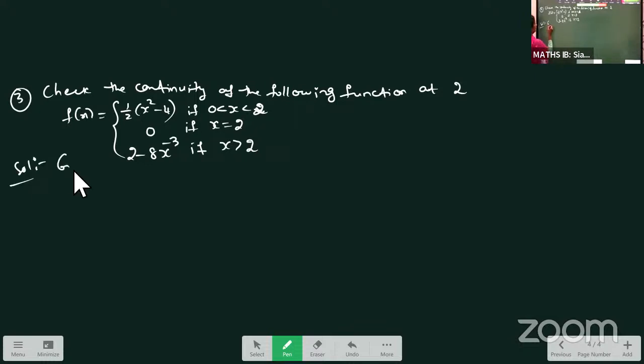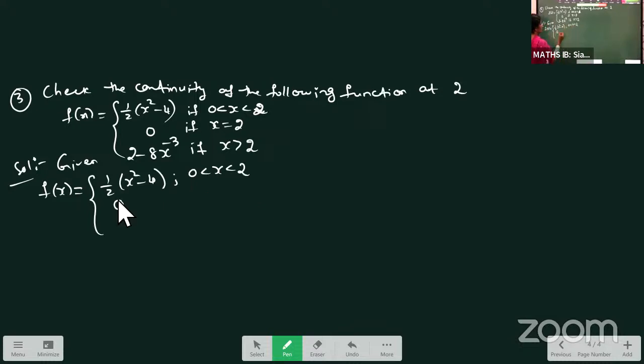First given f of x is equals to, take the question as it is, 1 by 2 x square minus 4 if 0 less than x less than 2, 0 if x is equals to 2, 2 minus 8x power minus 3 if x greater than 2.